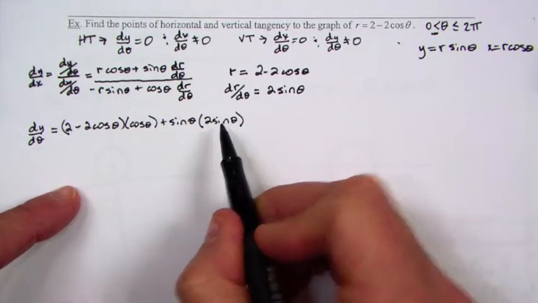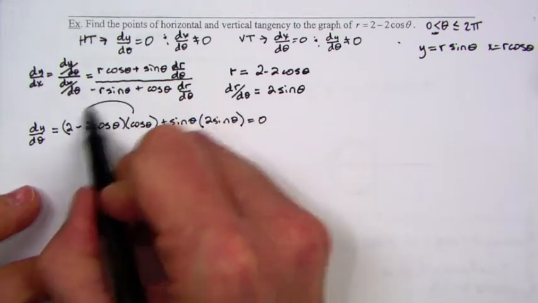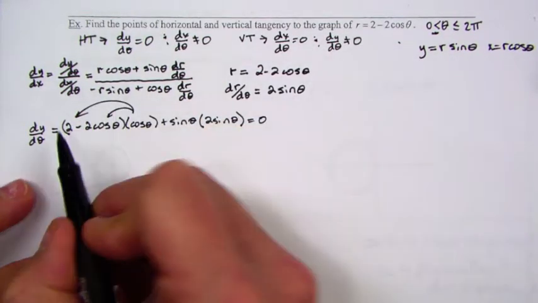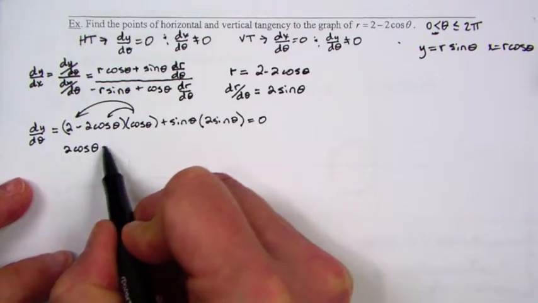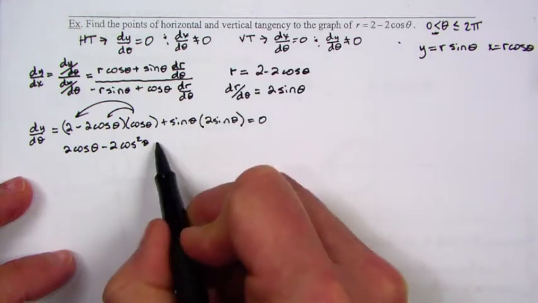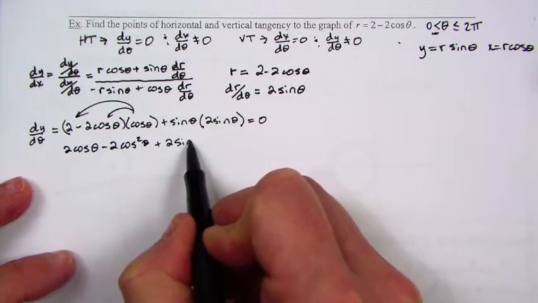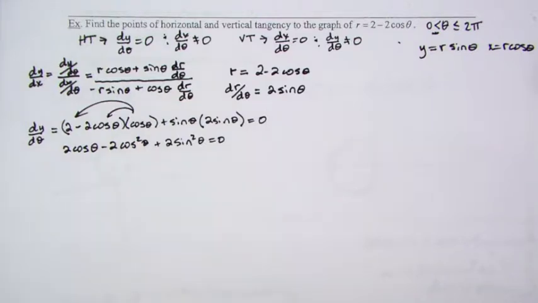And it is this quantity that I want to be equal to 0. So now I'm going to have to do some algebra. I'm going to distribute the cosine to both pieces of this. I'm going to have 2 cosine theta minus 2 cosine squared theta plus 2 sine squared theta is equal to 0.